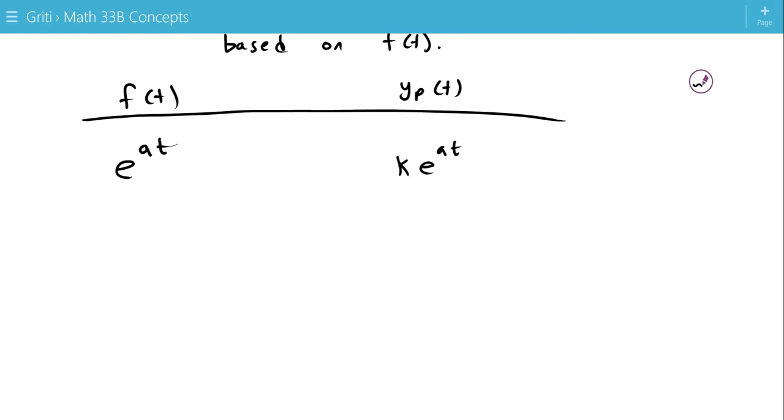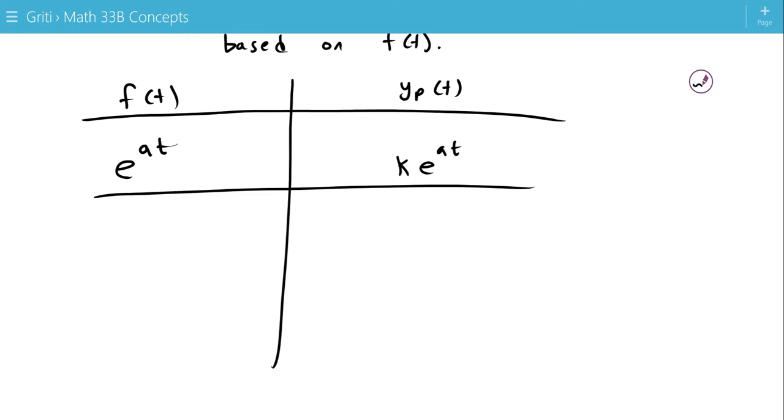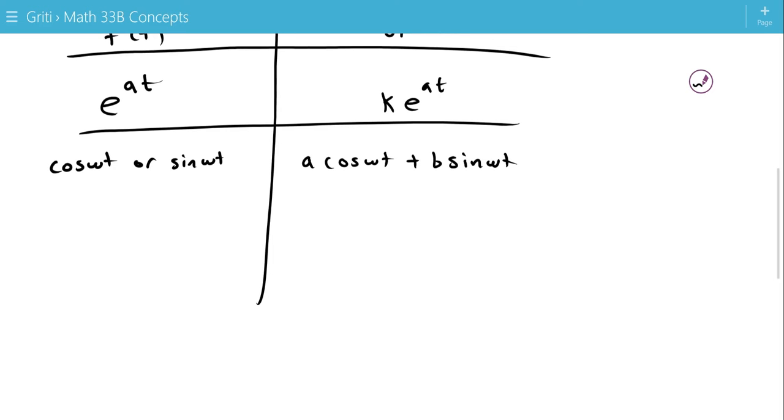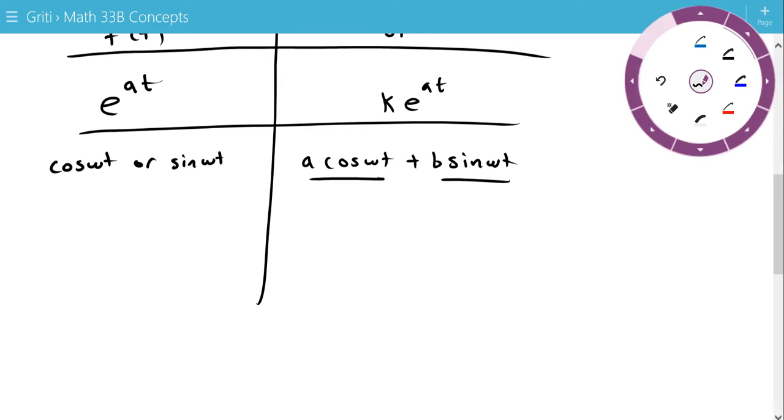If f of t is cosine omega t or sine omega t, where omega is any arbitrary constant, then our yp, our trial solution, is going to be a cosine omega t plus b sine omega t. So whether we have cosine or sine, we're going to have to plug in both sine and cosine.